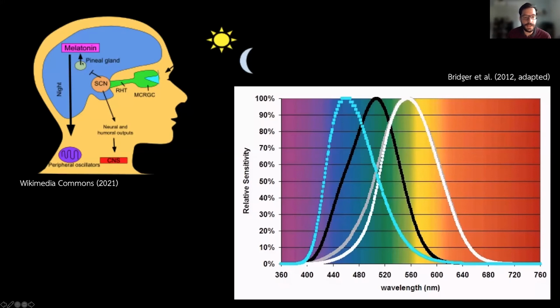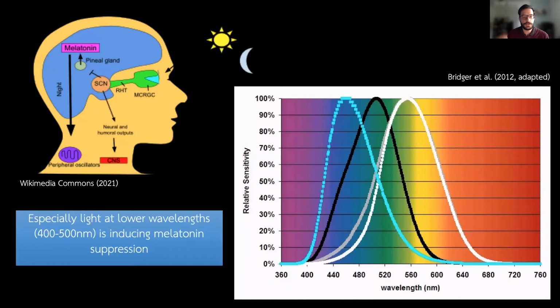But if it stays active, especially at these wavelengths, with the highest sensibility here in the blue, you can see that the melatonin can be suppressed. So especially light at lower wavelengths, like we've seen before for the environment and for the animals too, between 400 and 500 nanometers, induces the melatonin suppression especially.